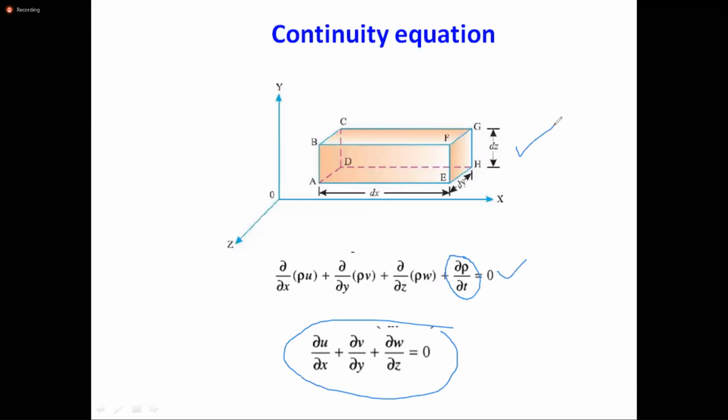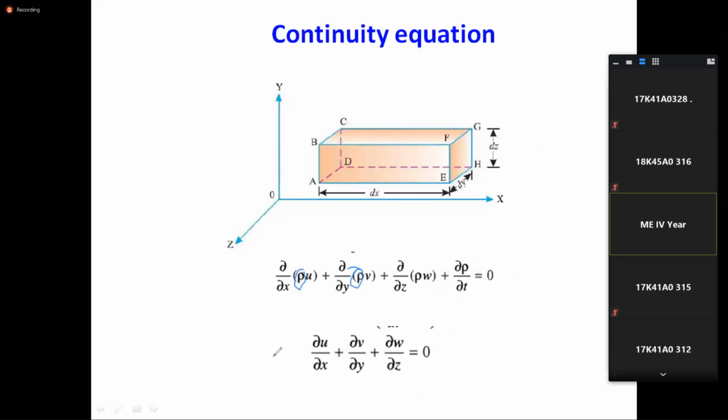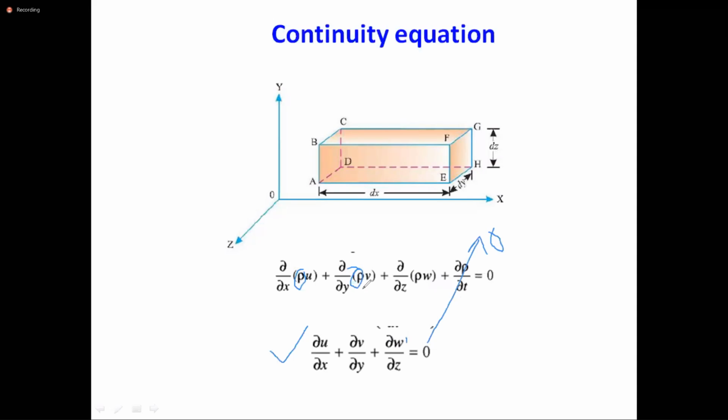After reducing this, take the rho as common. If it is a steady state, this becomes zero. So if I send this side, it is zero.